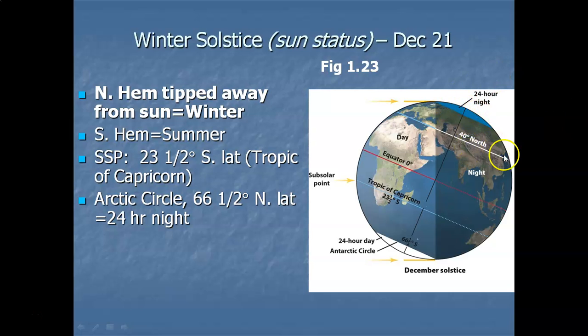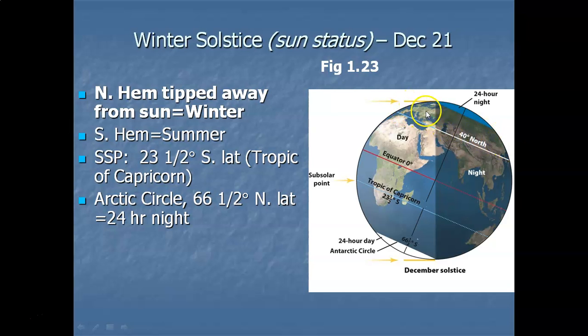And even here, we've got the latitude of 40 degrees north, kind of the latitude of New York City. What we're trying to illustrate here is the proportion of the amount of day and the proportion of night that the Earth is rotating through. You can see in the Northern Hemisphere, here they're illustrating Europe, but even in North America, the proportion of daytime is much shorter than the proportion of night.